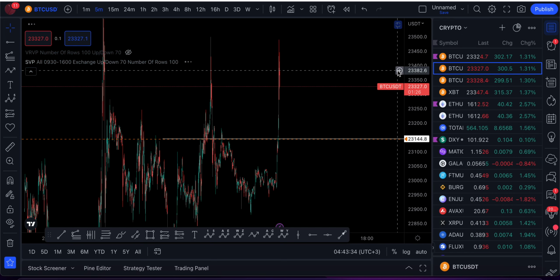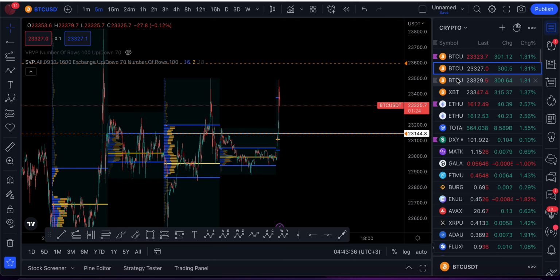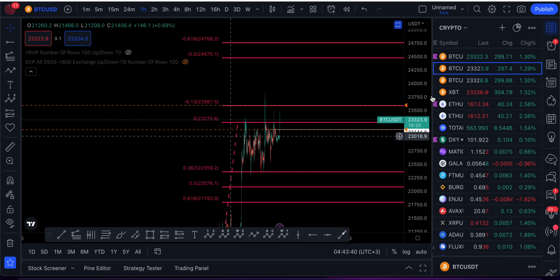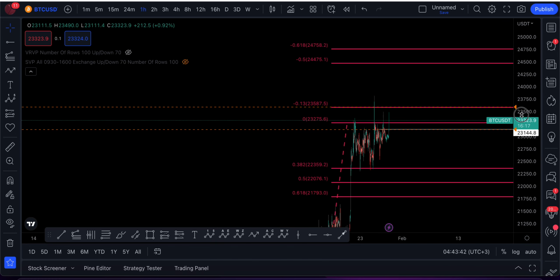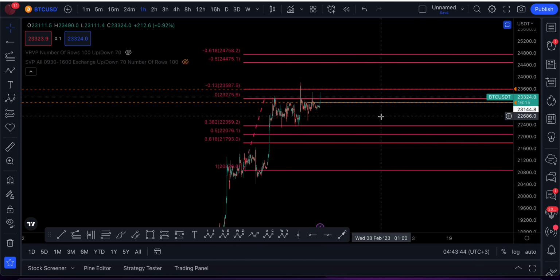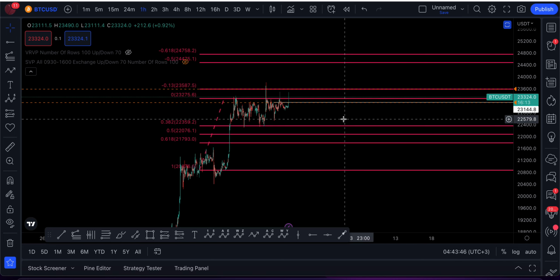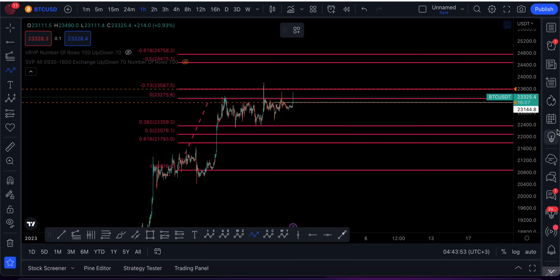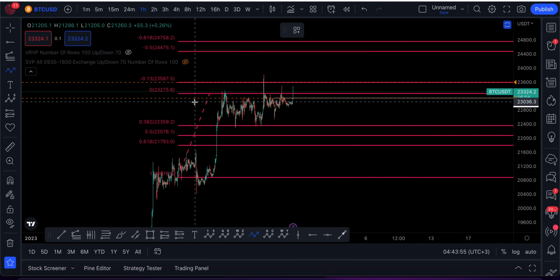Just a kind reminder that we plotted, let me go to the 1 hour. All right, so I explained this in previous videos that what I would like to see is for price to, so we are currently in a bullish scenario where we have broken this 0 fib level.